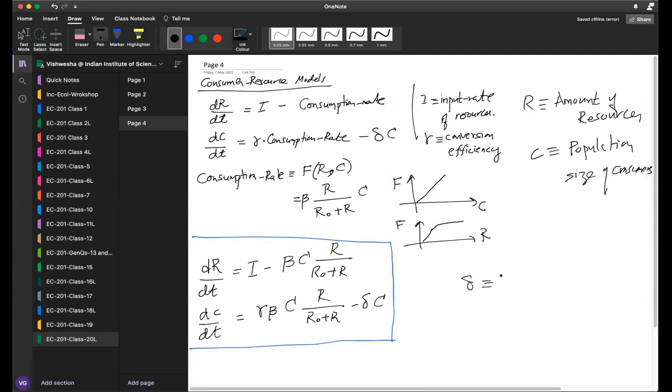It should depend on the per capita death rate of consumers. Is that fine? But I think you multiplied it with the consumption rate here in the equation. C is not the consumption rate. C is the number of consumers. So population size of consumers.